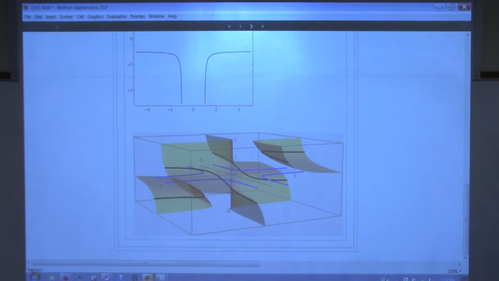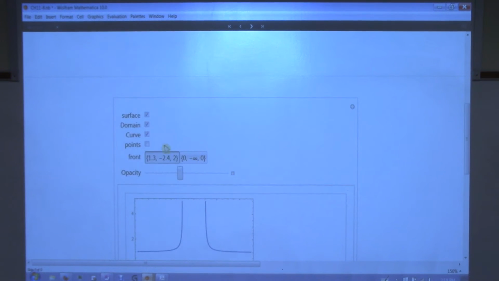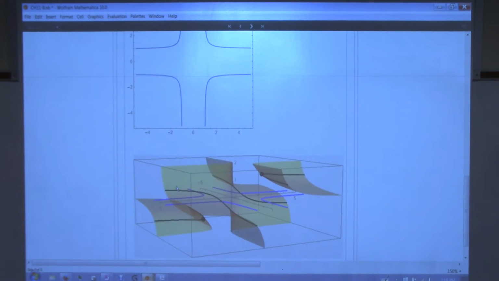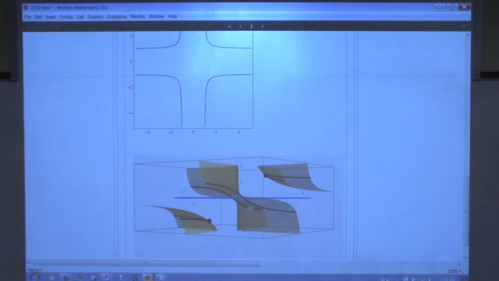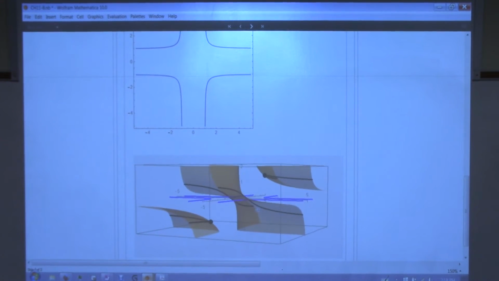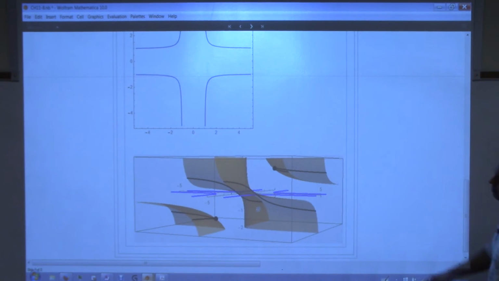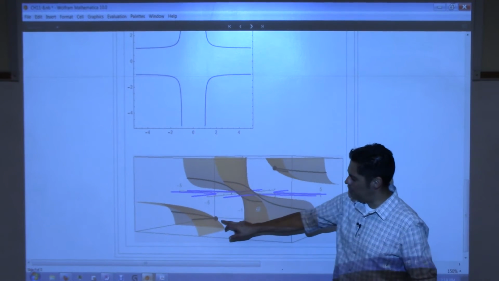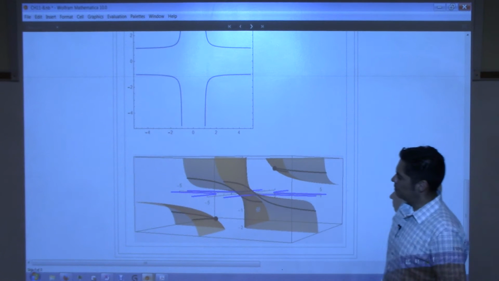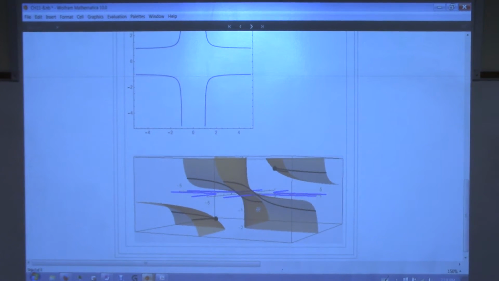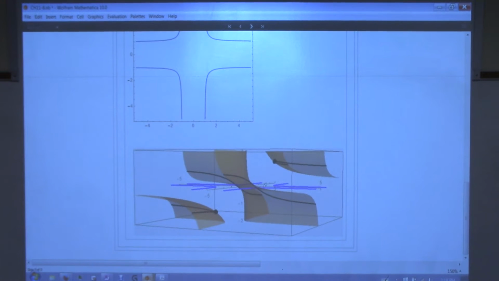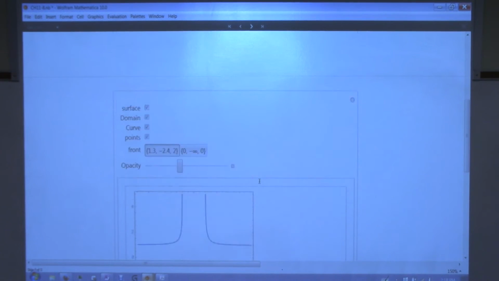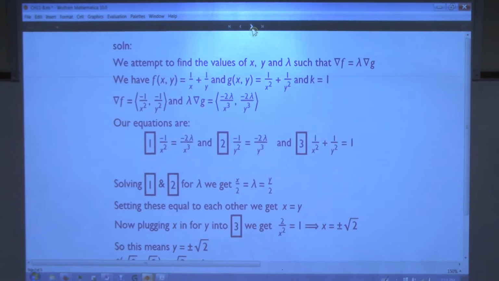So what we figured out is that there were 2 points. Let's see. There's one of them. Okay, there they are. Check that out. There's one of them. There's the other one. We satisfied? You're going to have to get in here and get your hands dirty with the algebra.